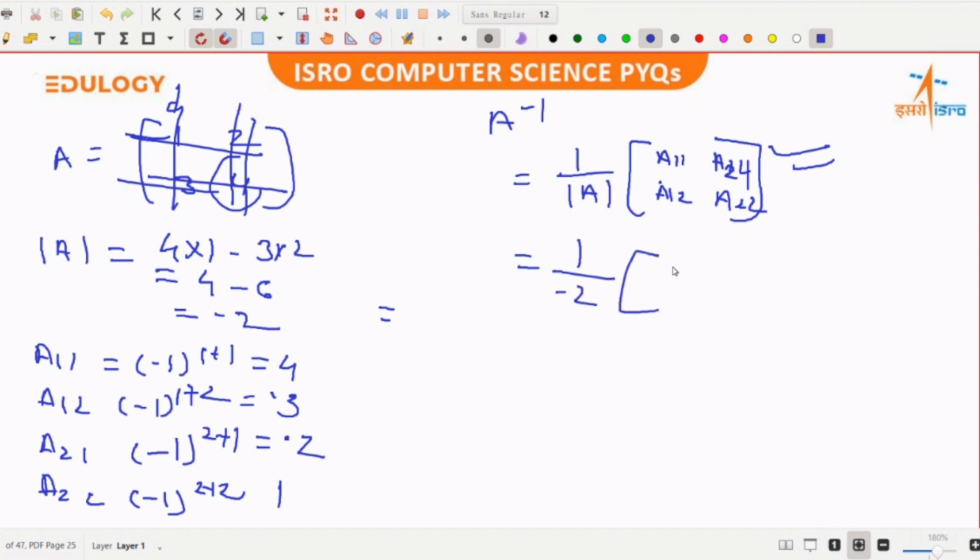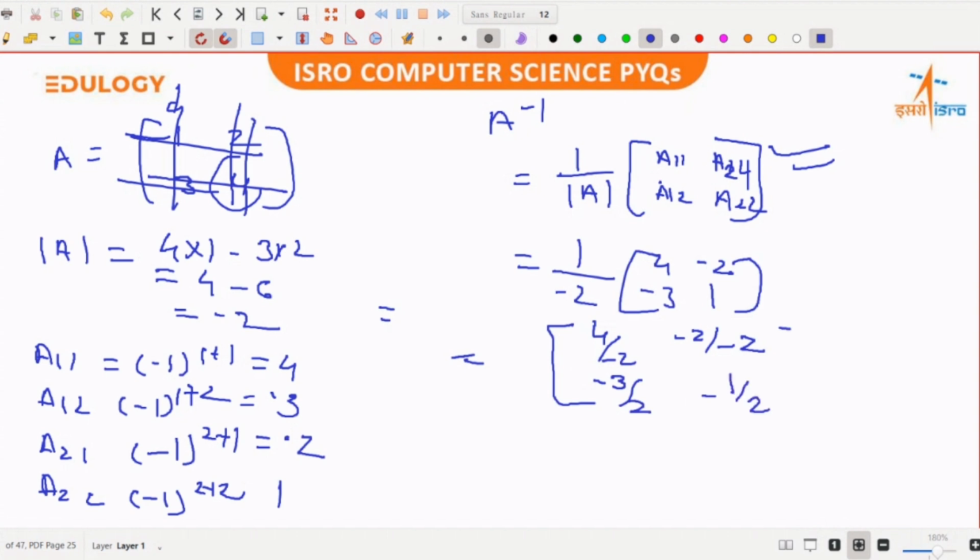Here A11 is 4, A12 is minus 3, A21 is minus 2, A22 is 1. Simple. Now divide by minus 2. So 4 by minus 2 is minus 2, minus 2 by minus 2 is 1, minus 3 by 2, minus 1 by 2.